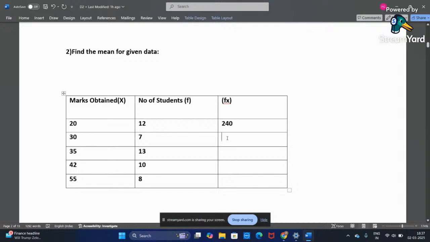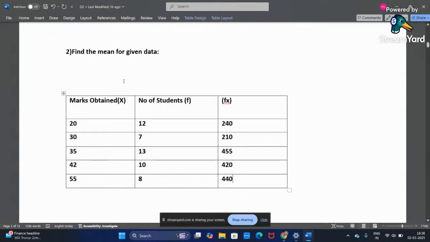Give the answer for all the four. 30 into 7, it is 210. Then 35 into 13, it is 455. 42 into 10, it is 420. 55 into 8, it is 440.